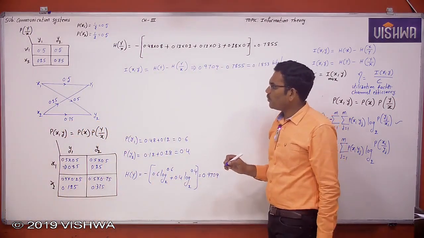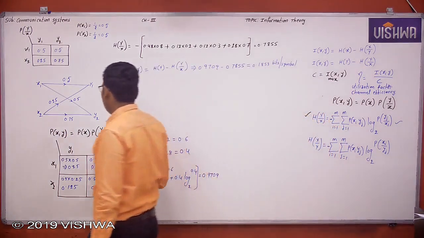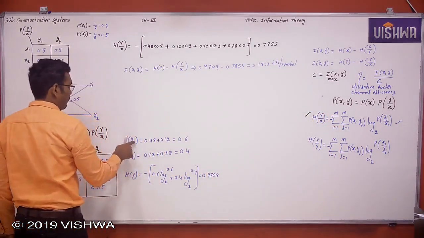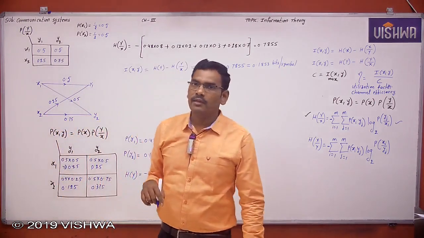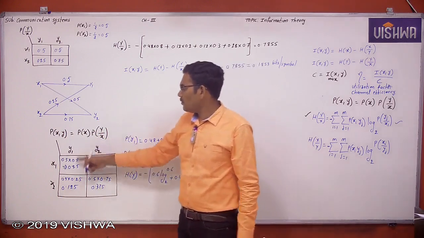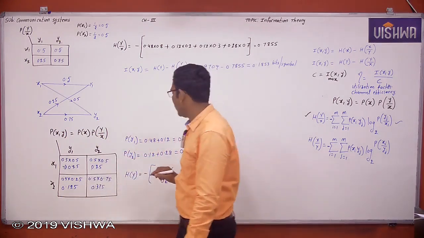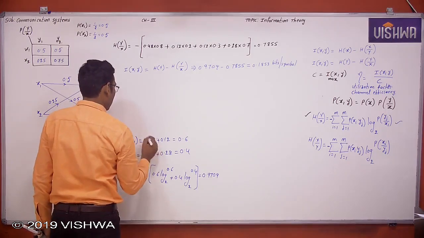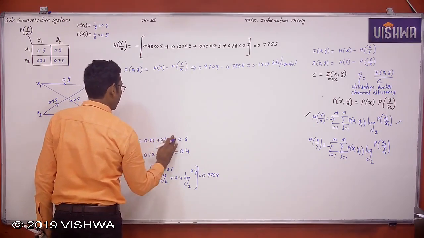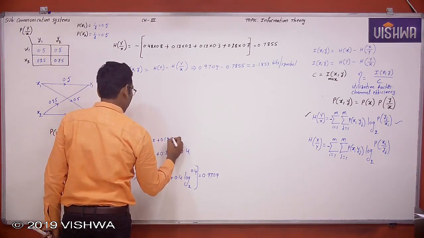Once the joint probability is completed, we want to find P of Y1 and P of Y2, because row addition and column addition are possible only in the joint probability. What is P of Y1? 0.25 plus 0.125.